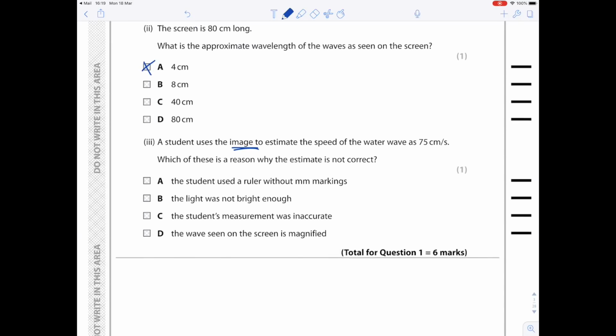And let's have a look and see if any of those answers mean that. The student used a ruler without millimetre markings. That would not be a reason for 75 centimetres per second being incorrect. The light was not bright enough. If you can see a wave, you can see the wave. The student's measurement was inaccurate. Potentially, if the fact that D wasn't an option, that the wave seen on the screen is magnified. I already said an answer along those lines.